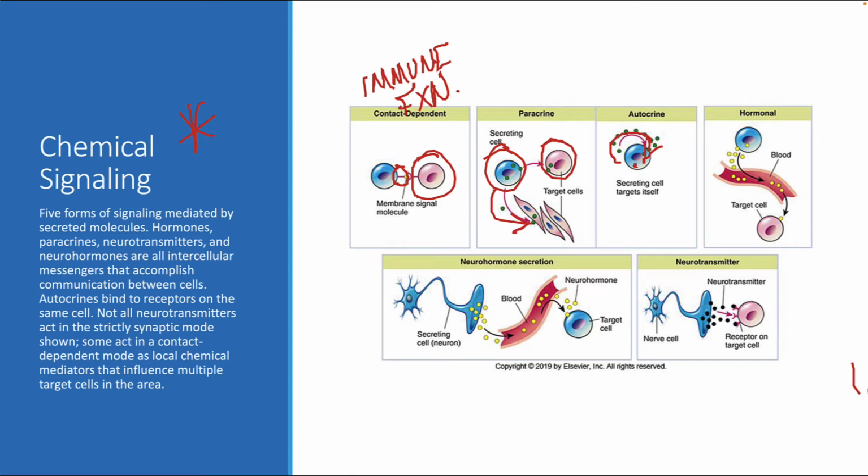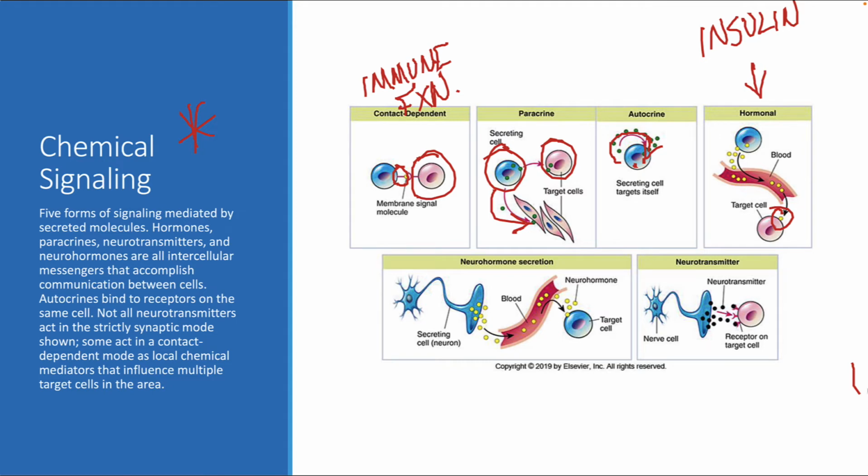Hormonal, obviously, is easy to remember because we're accustomed to this. Insulin may be a good example of this, where you have a hormone that's released that is insulin, and that insulin gets taken up on the target cell after it's been released from the pancreas, right?